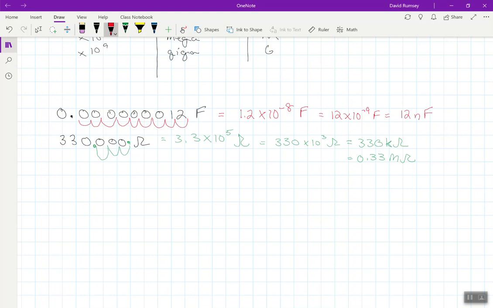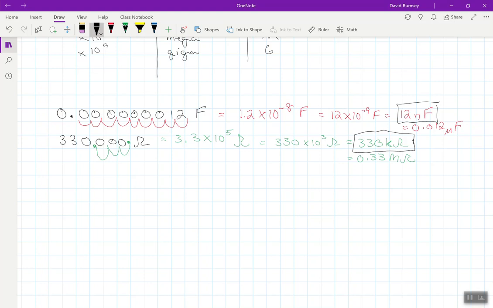And of course, you could also write this, again, I'm not going to show the work for this, but you should verify that this is also correct. You could write this as 0.012 microfarads. However, I'll box these here. These are the two that would be what we would say is the standard way of writing these.